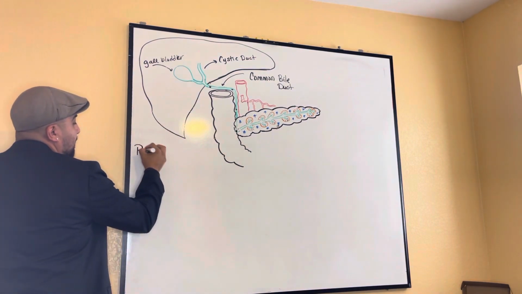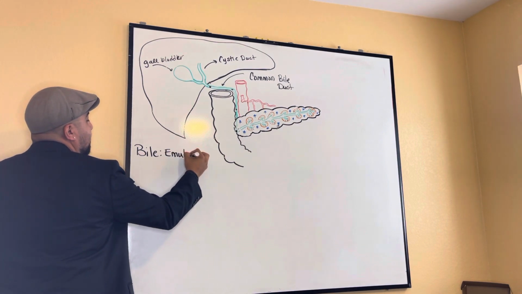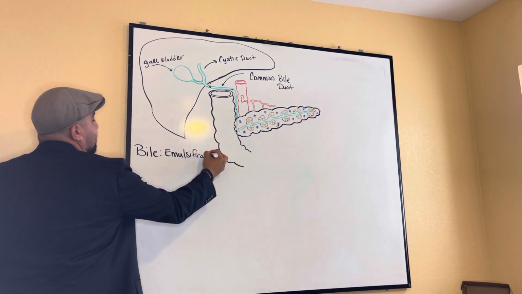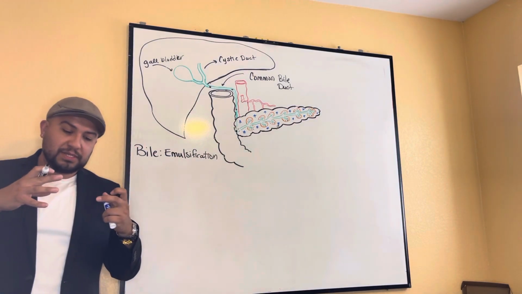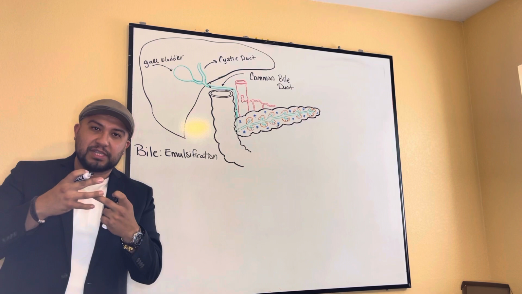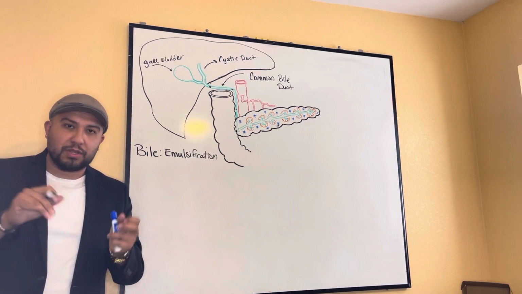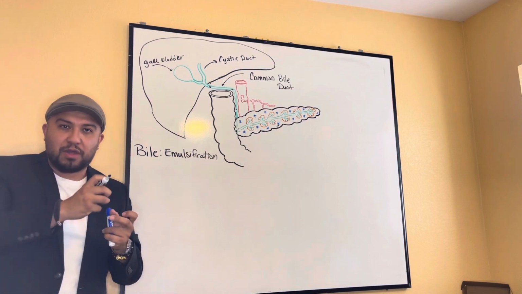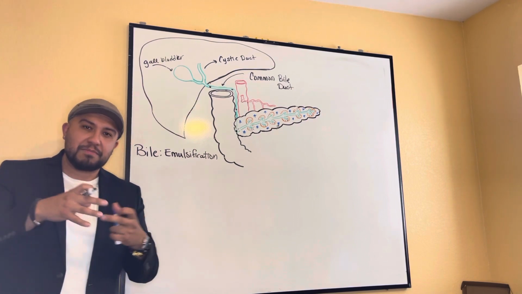You guys need to remember that bile emulsifies fat. Emulsification is a word we use to describe that since fat and water cannot coexist with one another, they separate. Think about a cup where you sprinkle some oil: you see the globules of fat not being mixed in with the water.